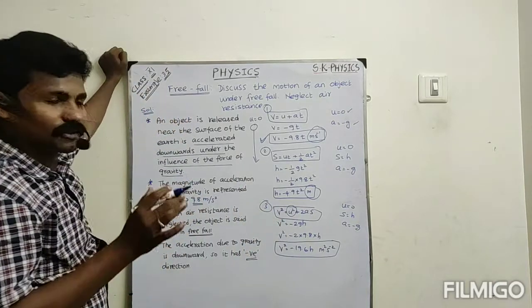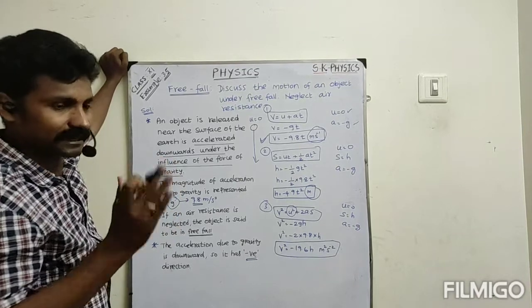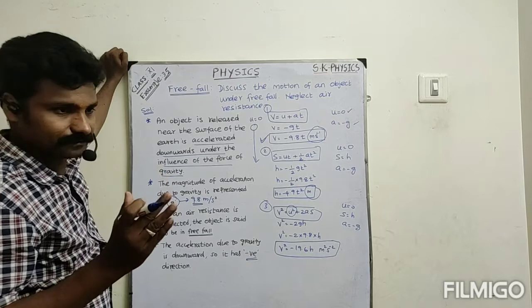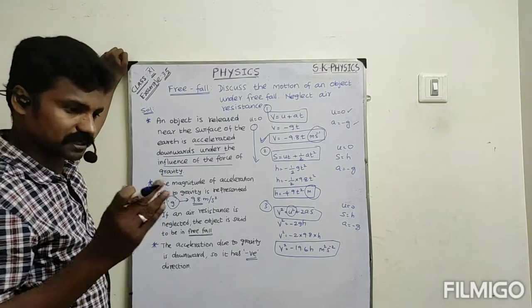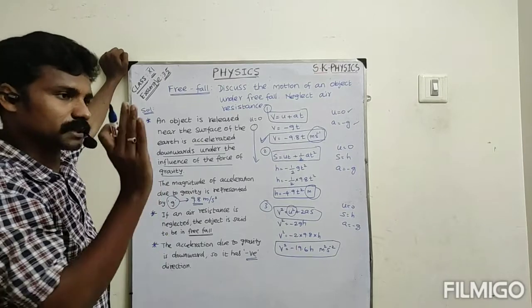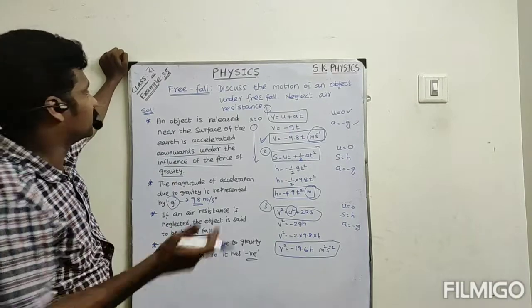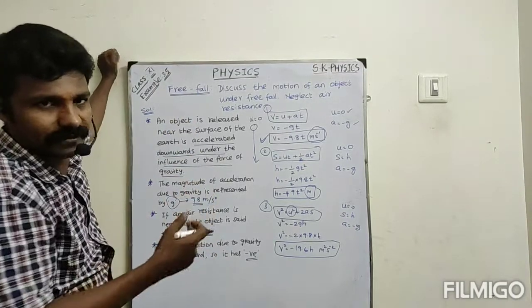And the next one we are going to discuss is how the graphs will come: the velocity-time relation, the position-time relation, and the position-velocity relation. So how we are going to draw the graph, especially for free fall. That is the next one.